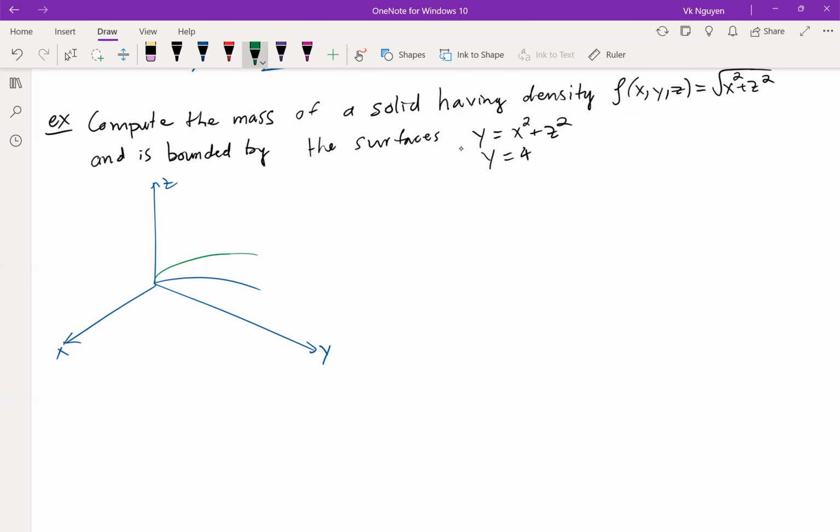Yeah, try the other one out later. This the y equal x square, and the other one is the y equal to z square, right? What we get is a paraboloid, and then this one is the y equal 4.